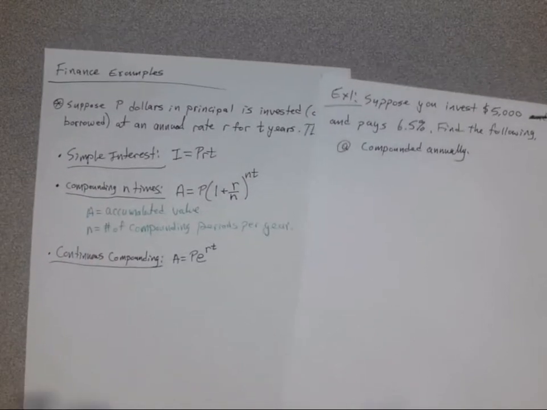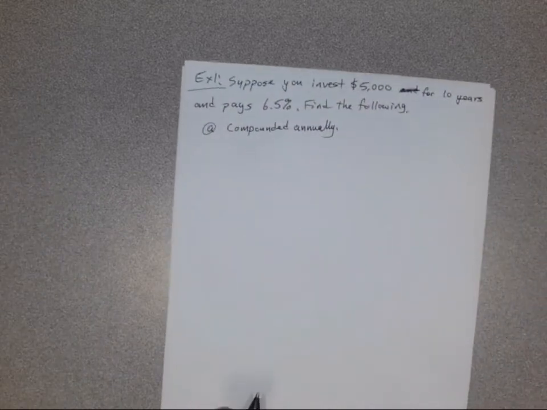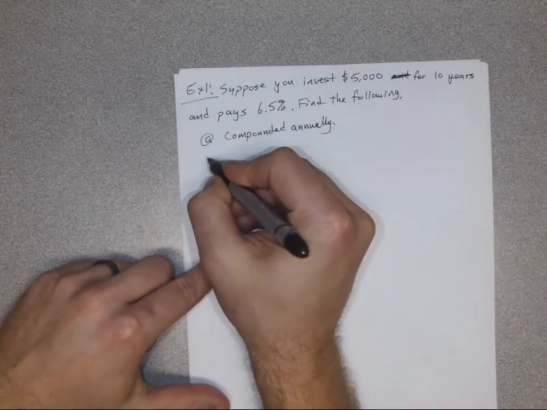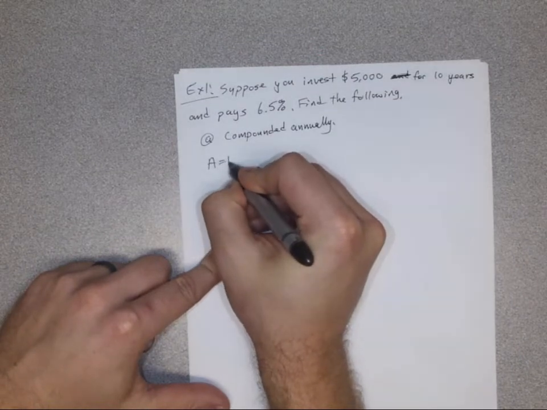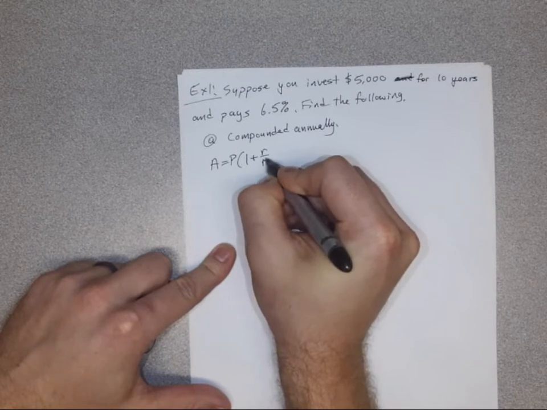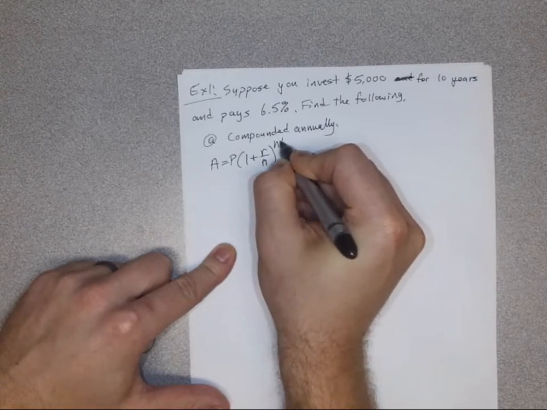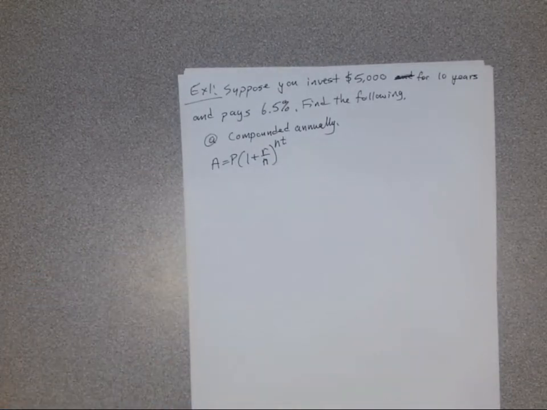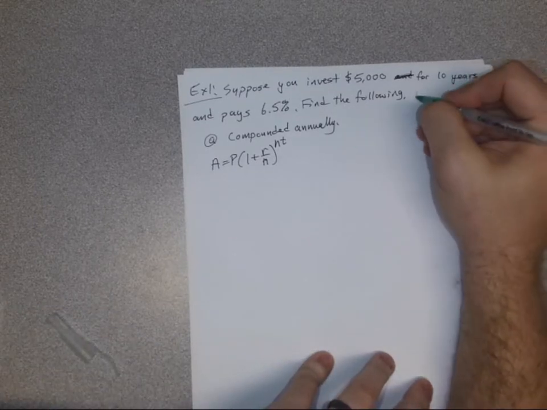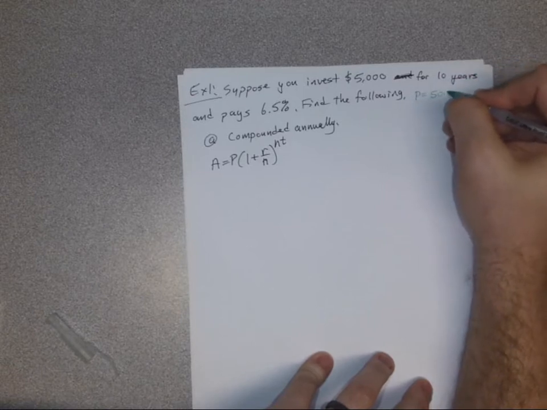So let's start out by writing our formula. We know that we are compounding annually, so that means we are using A equals P times (1 plus R over N) raised to the N times T power. So now we need to label and plug in everything we know. I'm just going to go ahead and label over here. P is 5,000.